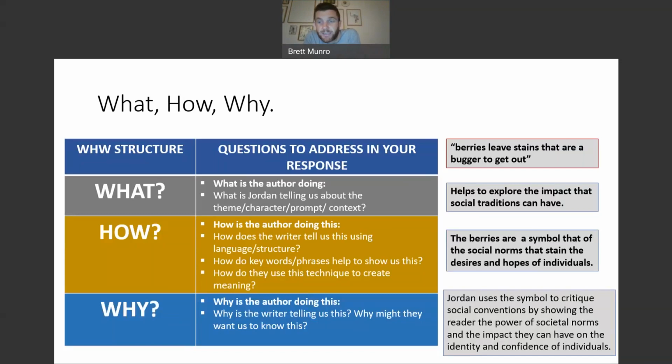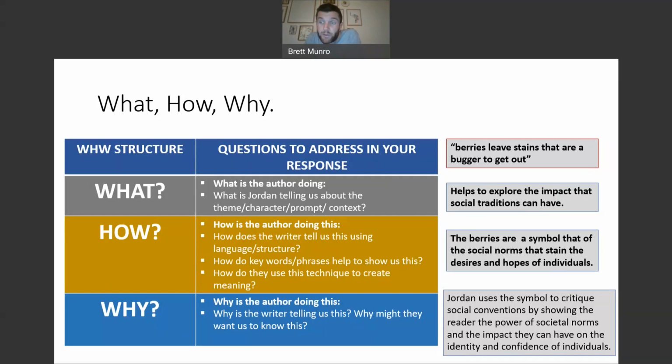So essentially that is the what, how, and why structure. These are ways that you can approach your analysis to help you develop additional layers of sophistication. So rather than just explaining what the author is doing, this is really important, you're also explaining how the author is doing it. How does the writer tell us using language and structures? How do the words and phrases help to show us this? How does a symbol actually create the meaning for us?